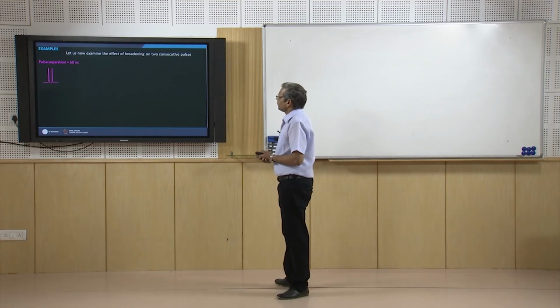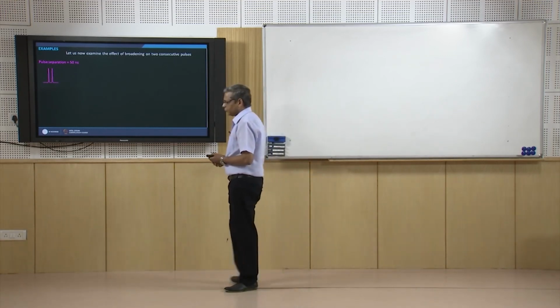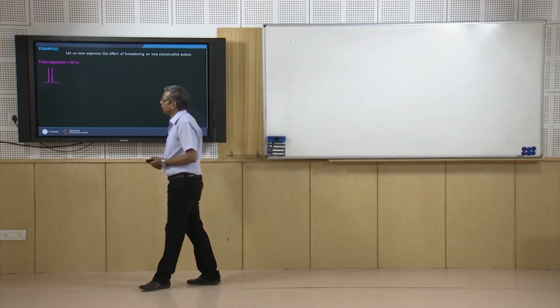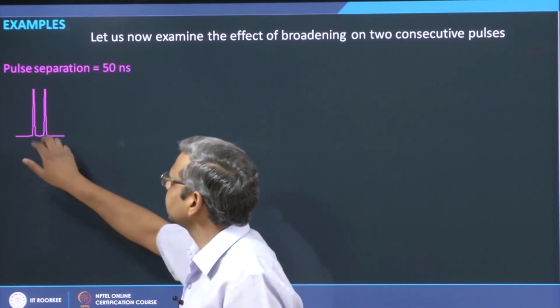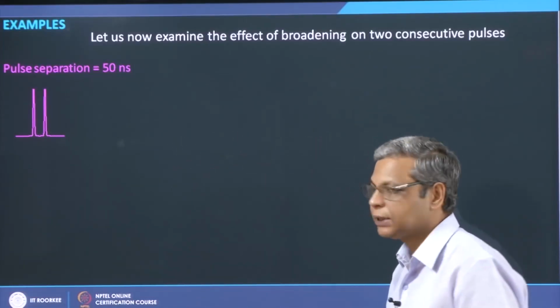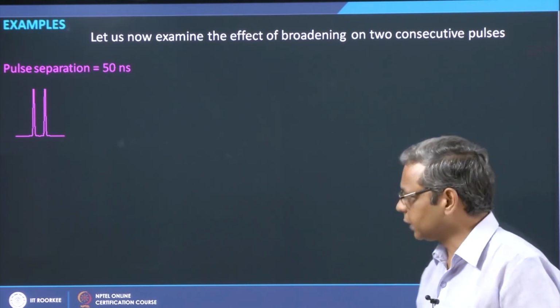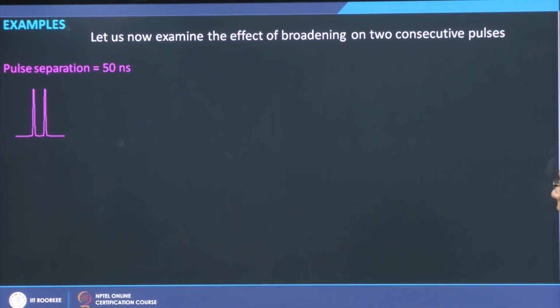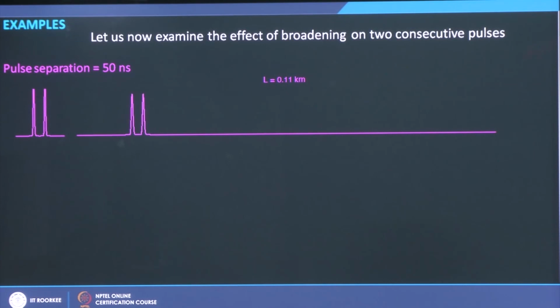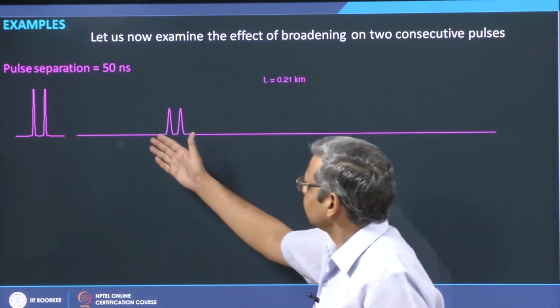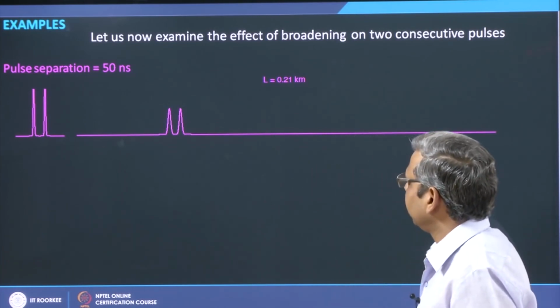Let me see what happens in the case of a pulse train. If I now send two pulses like this, which are separated in time by 50 nanoseconds, through 1 kilometer length of an optical fiber, then as the pulses propagate through the fiber, they broaden.